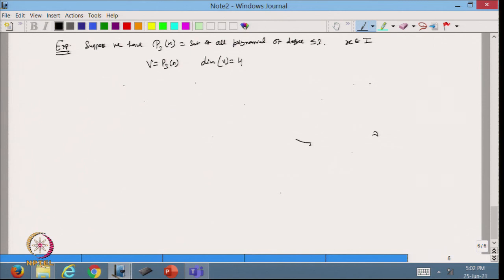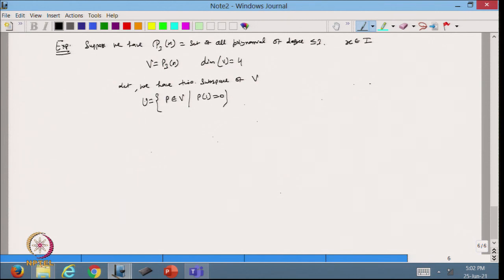Now let we have two subspaces of V. I take the first subspace U as all the polynomials P belonging to V such that P(1) becomes 0.